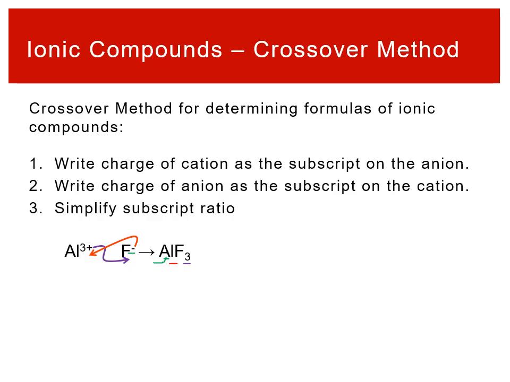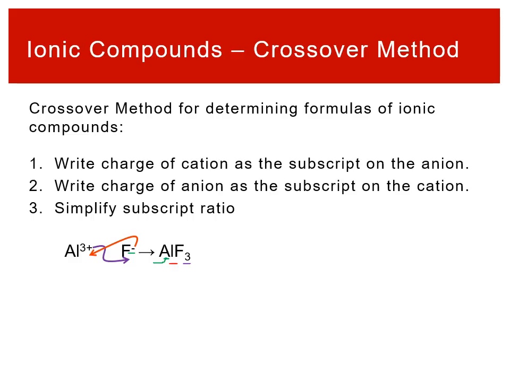Basically what we're reflecting is that things that have a large charge, like the aluminum here, with its large 3 charge, mean we're going to need more of the other ion, because we need more to balance out the large charge of the aluminum. So we're going to need more fluorines. That's the motivation for the crossover, for moving those charges as subscripts on the other atom.